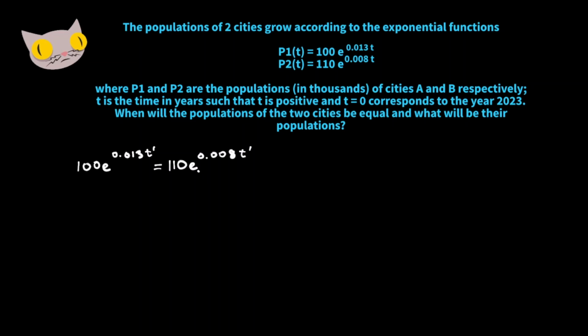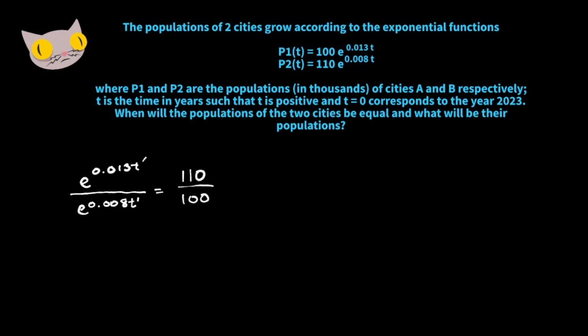Now let's rearrange this. Let's divide e to the 0.008 t prime on both sides. Cancel that out. And we can divide 100 from this side so that we can put it over on this side. So we're left with e to the 0.013 t prime over e to the 0.008 t prime is equal to 110 over 100.